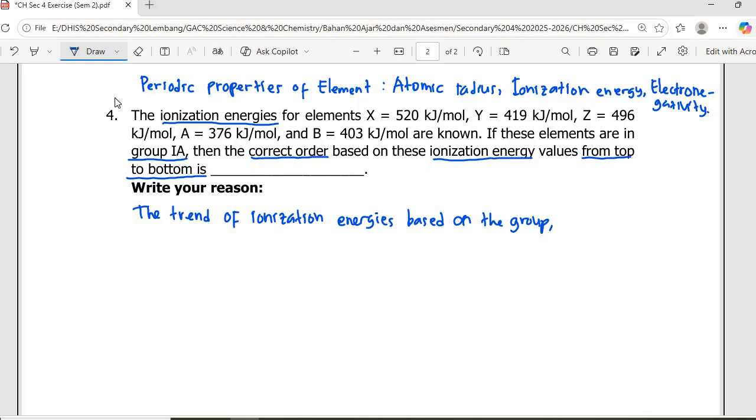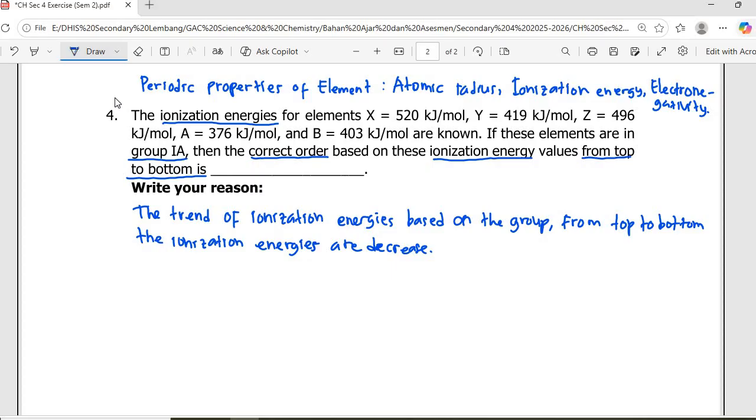Based on the group, from top to bottom, the ionization energies decrease.